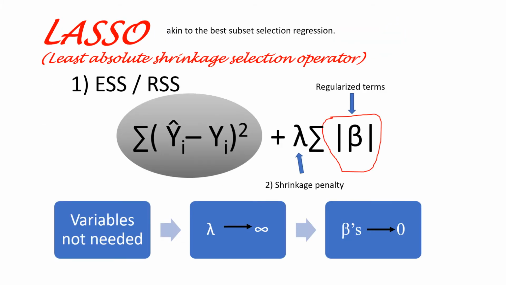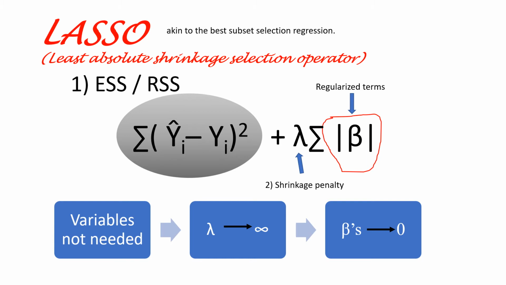The only difference between the ridge regression and LASSO is that the regularized term for LASSO, as you can see from the equation below, is in absolute value.